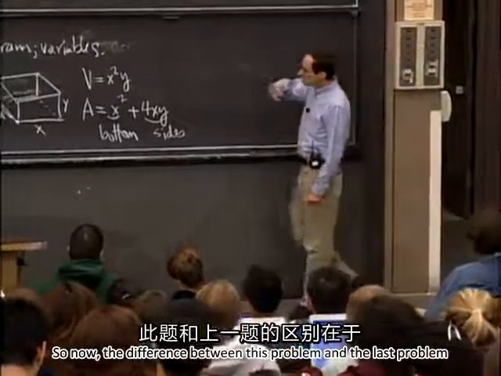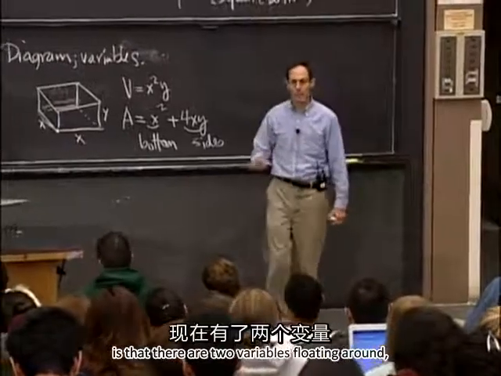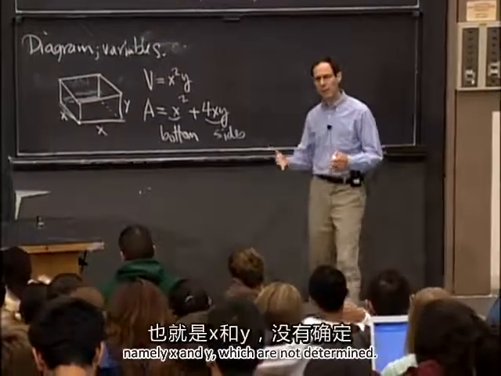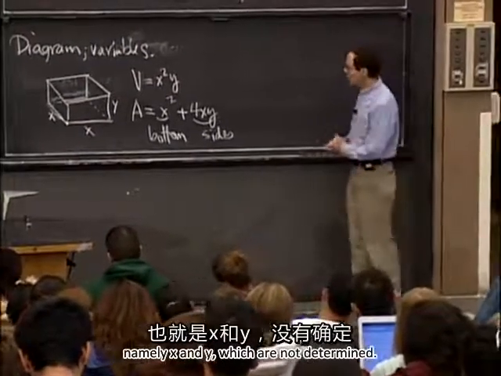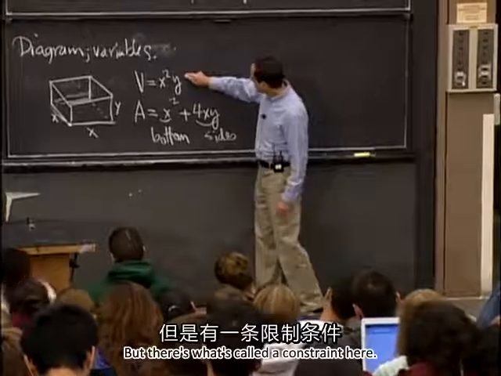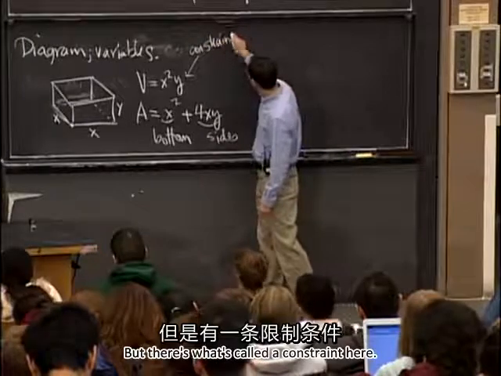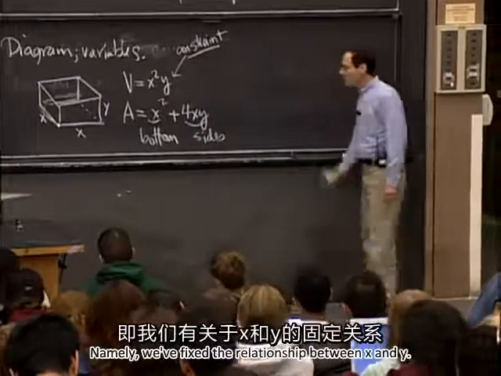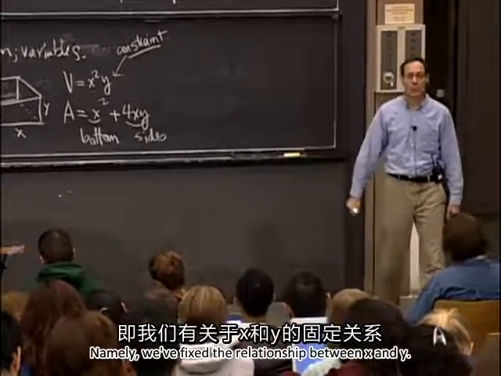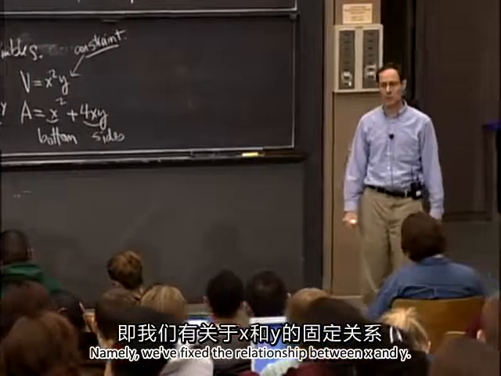So that's our setup. So now, the difference between this problem and the last problem is that there are 2 variables floating around, namely x and y, which are not determined. But there's what's called a constraint here. Namely, we've fixed the relationship between x and y.